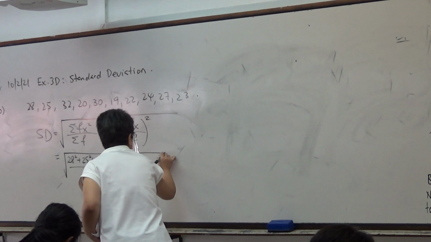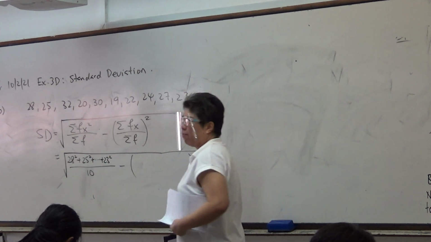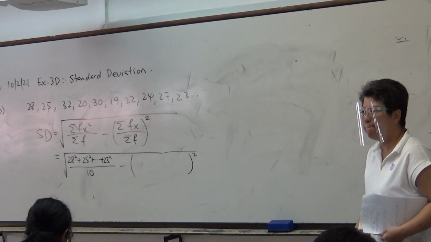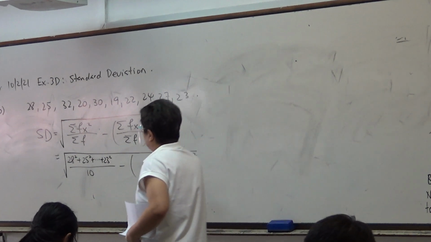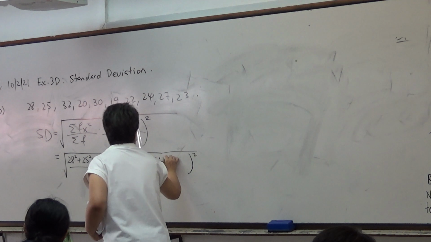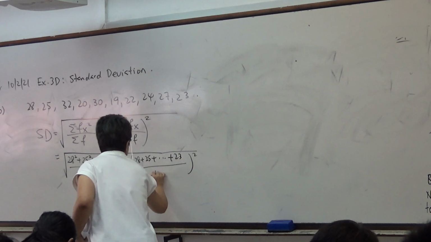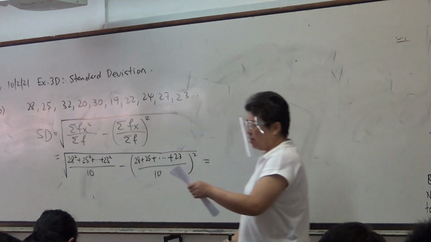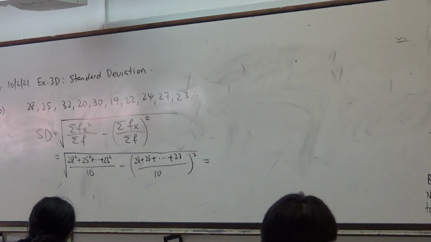Minus. I always go and put the bracket first so that I don't forget. So what do I do? 28 plus 25 plus on the top plus 23 over 10. Then I will get the answer straight. Answer, just key in the calculator, get the answer.